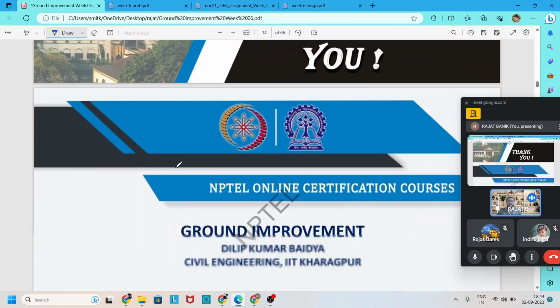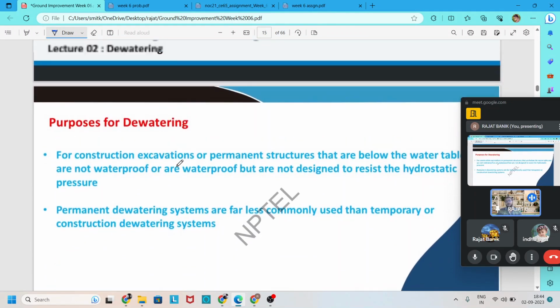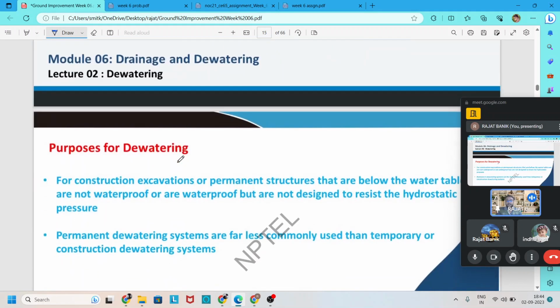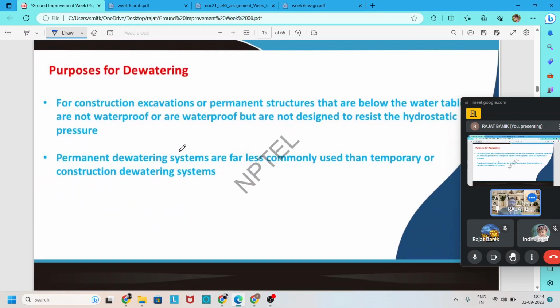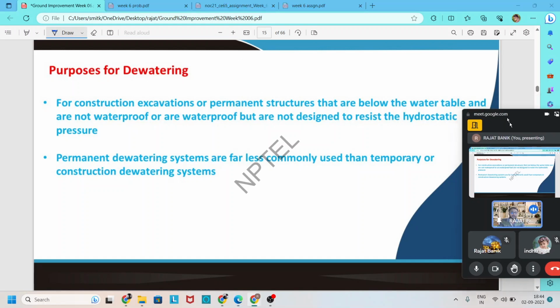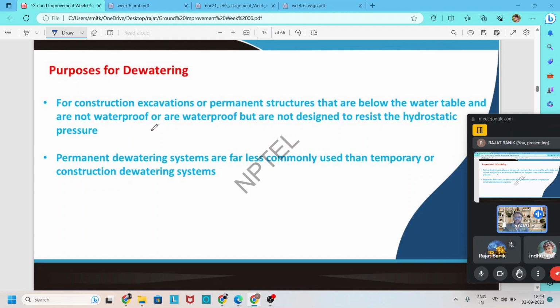So now we can start another ground improvement technique related to water, and removing the water is the dewatering technique. It is said that for construction excavation or permanent structures that are below the water table and are not waterproof, or are waterproof but not designed to resist the hydrostatic pressure, we apply the dewatering technique.